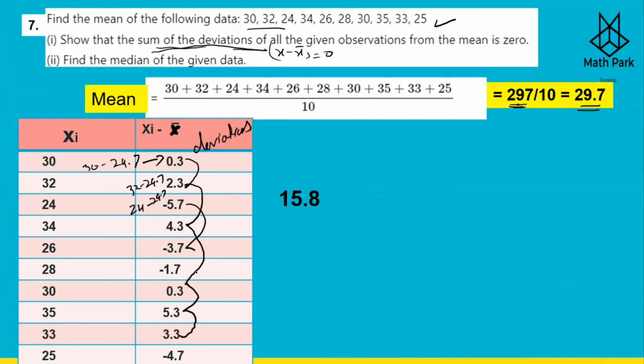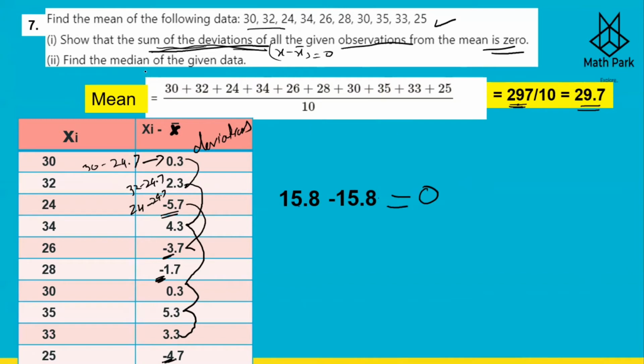When I add all of these positives, I'm getting 15.8. In the same way, adding these negatives, minus 5.7, minus 3.7, minus 1.7, and minus 4.7, I'm getting minus 15.8. And 15.8 minus 15.8, I get 0. So remember, the sum of the deviations of all the given observations from the mean is always 0.